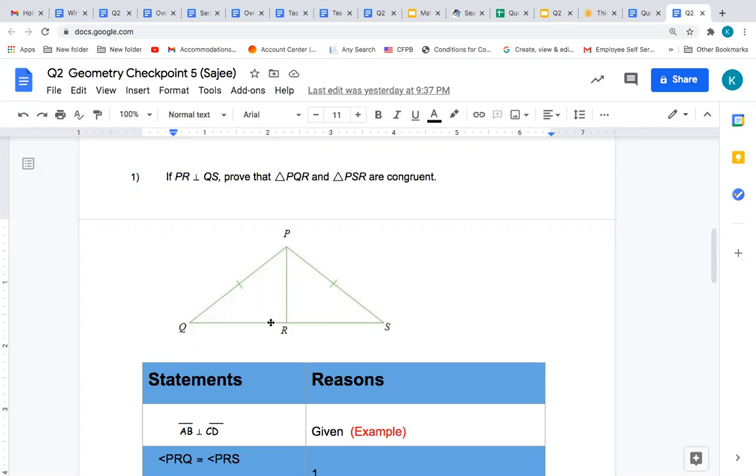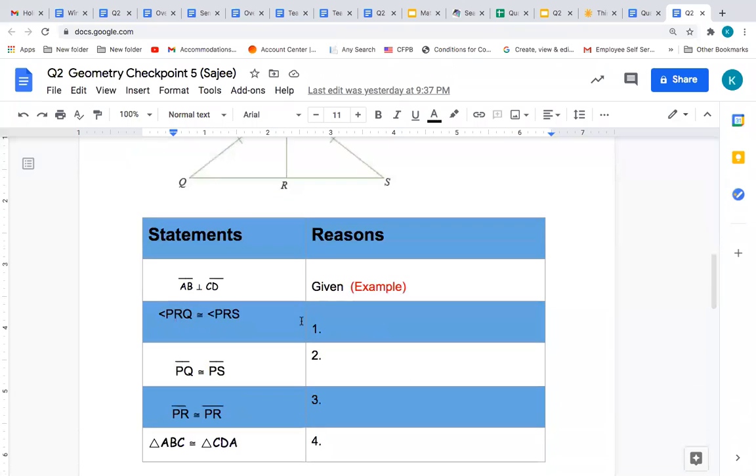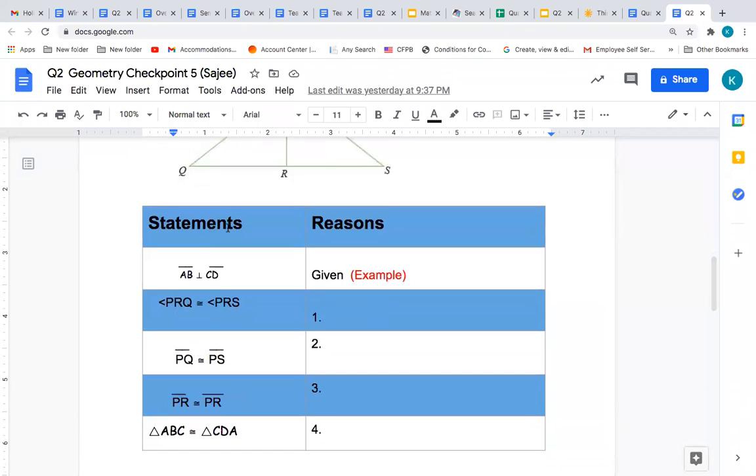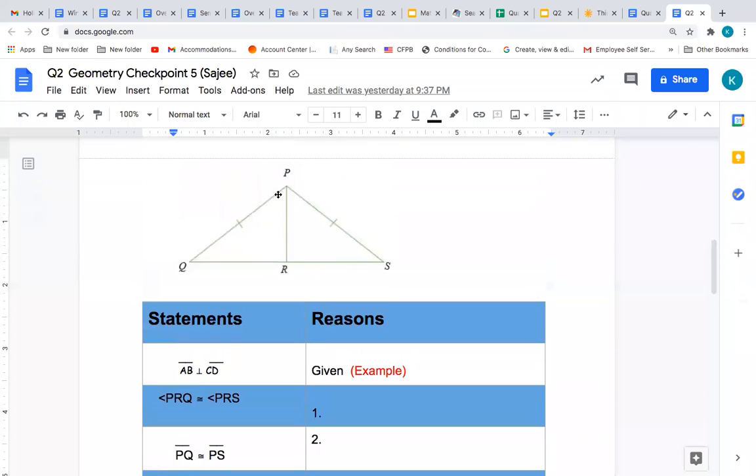It splits that straight line into 90 degrees on both sides. Now you have to prove triangle QRP, or PQR, is congruent to PSR.